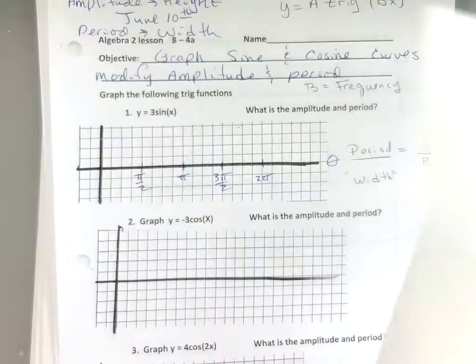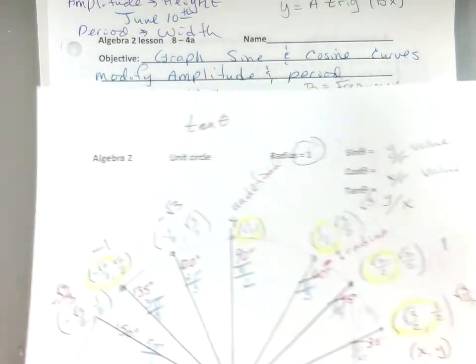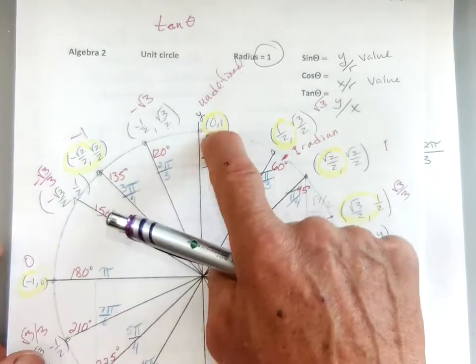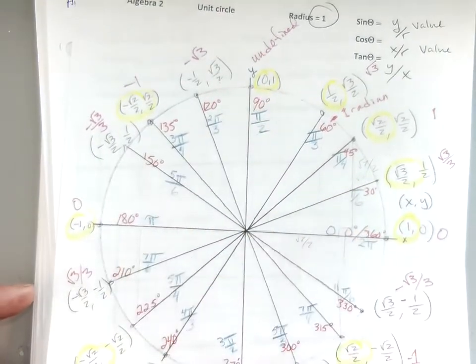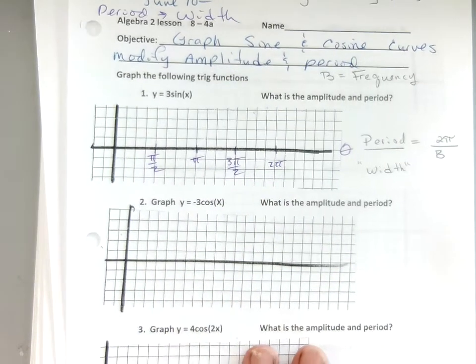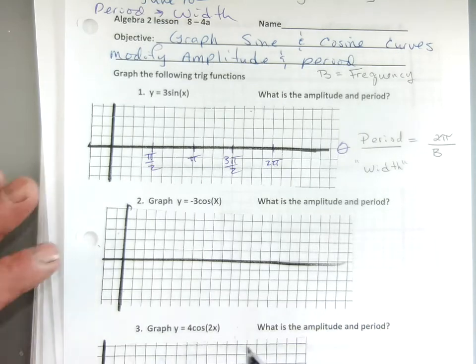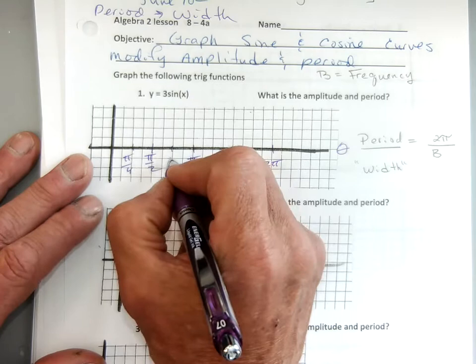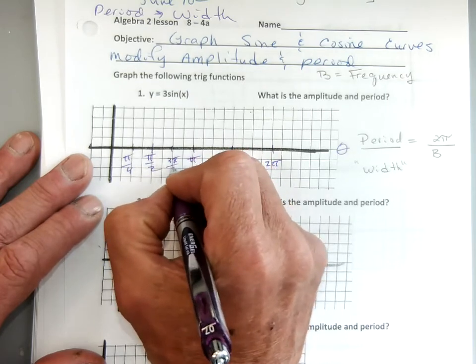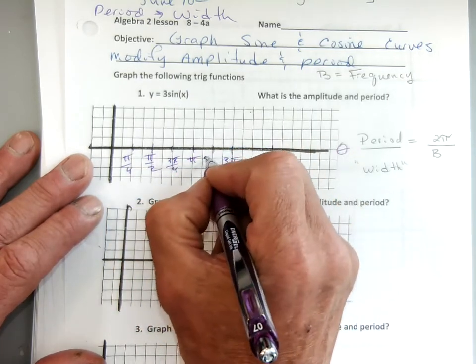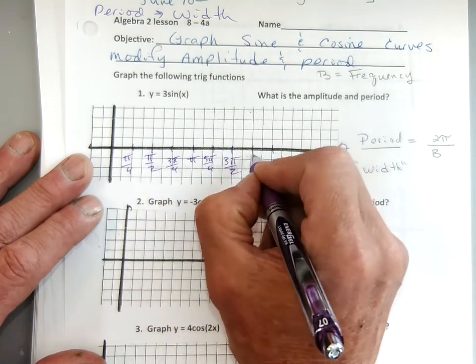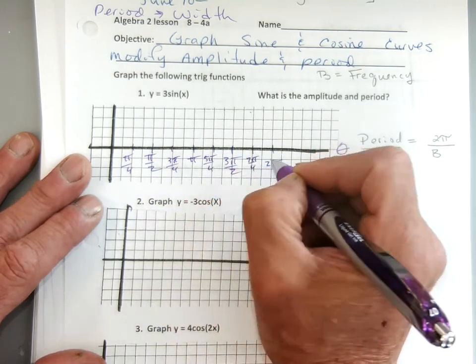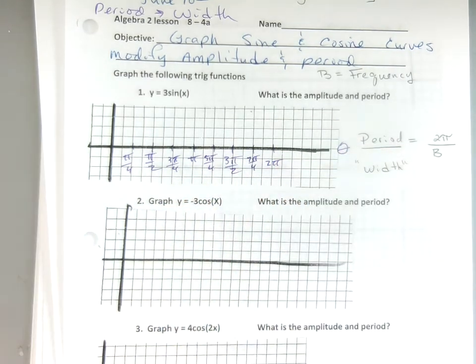These are just the important angles from the unit circle: 0, pi halves, pi, 3 pi halves, and back to 2 pi, okay? I also like to put in the pi fourths, 3 pi fourths, 5 pi fourths, 7 pi fourths. So I have all the important angles on my circle.